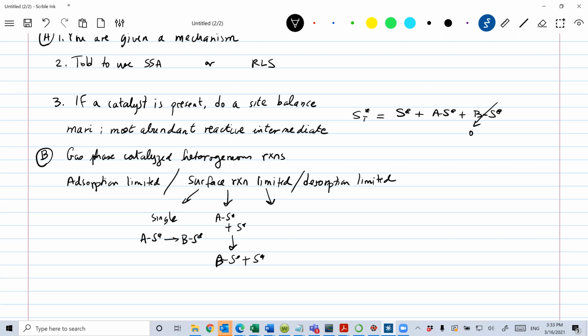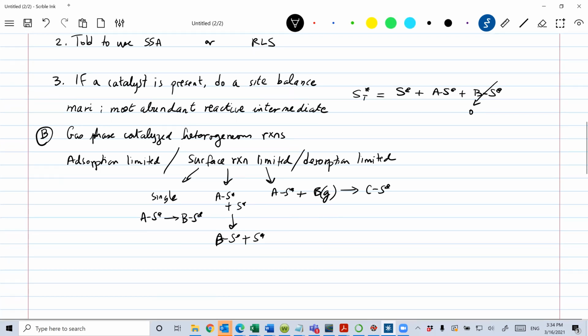Or you can have an Eley-Rideal, where A adsorbs, but B comes in from the gas phase, and then let's say you form C. That would be another type of surface reaction where only one of them adsorbs, and the other goes in the gas phase and hits it.